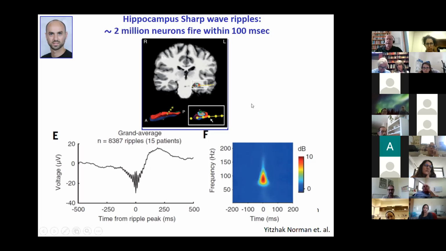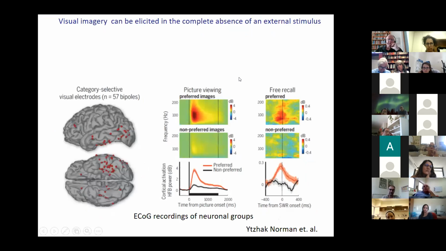And what Itzik discovered is the following. When he recorded from this high-ordered visual electrode the responses to the different pictures, he found that each contact responded preferentially to some set of images. For example, a face selective contact will respond only to faces, and very weakly, as you can see here, to a set of non-preferred images. This is during viewing, as expected.